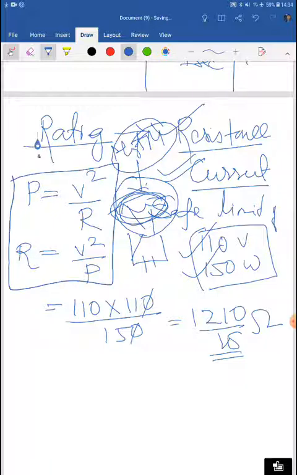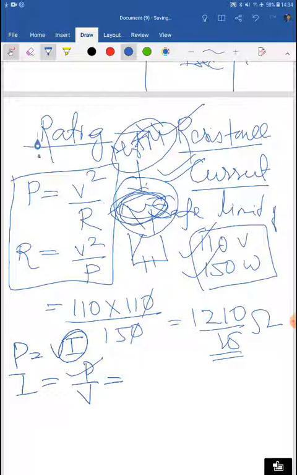Now the other equation I showed you was P equals VI. Now if I make I the subject, I'll get I equals P by V, isn't it? So using the same bulb, I know the power of this bulb is 150, divided by the potential difference at which I have to use this bulb, which is 110. So 0 gets cancelled, and I'll get 1.4 and something ampere.